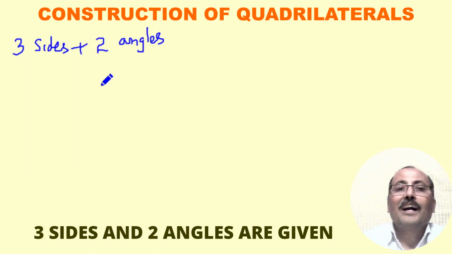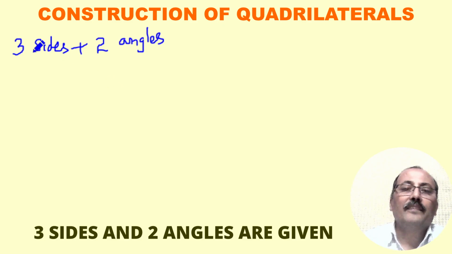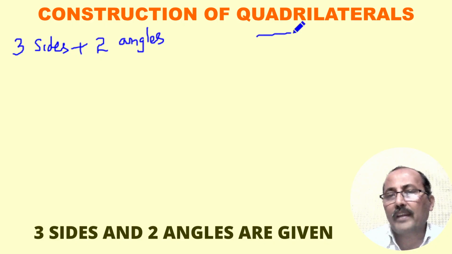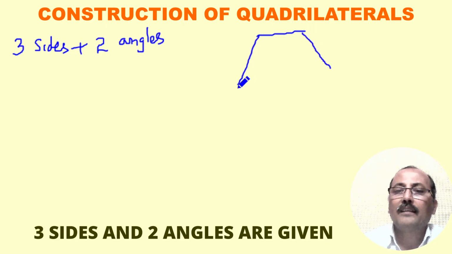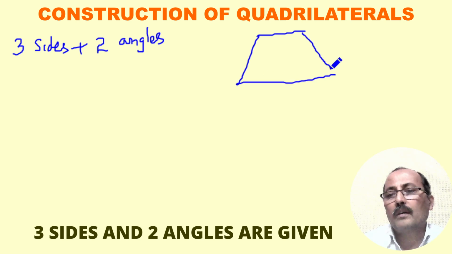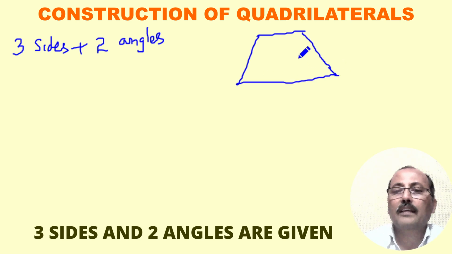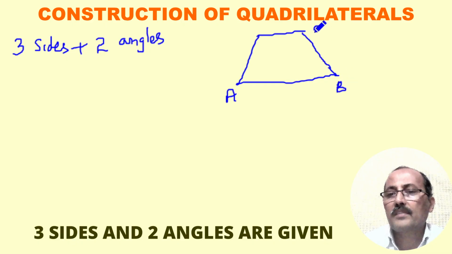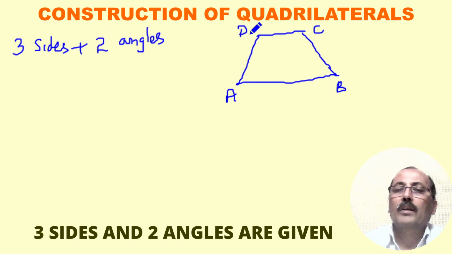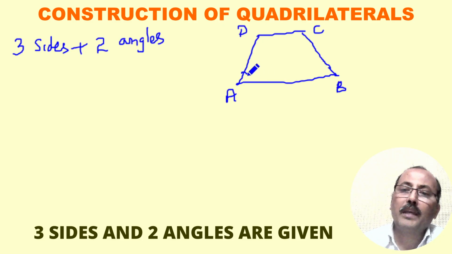My dear children, our next construction is with 3 sides and 2 angles. So let me draw a quadrilateral with 3 sides and 2 angles. Okay, now like this, it comes like a trapezium, but I have drawn a rough diagram A, B, C, D. Here it may be 160 degree.